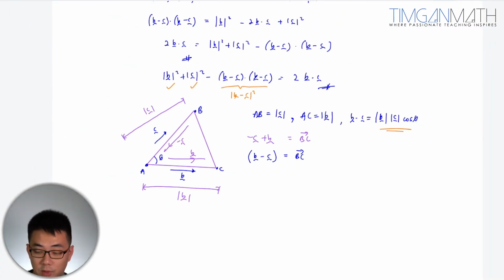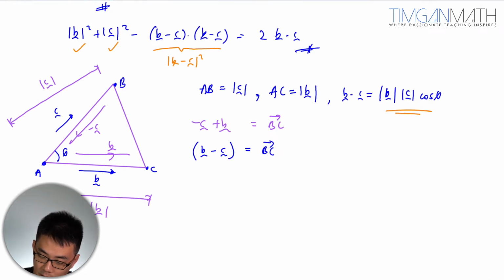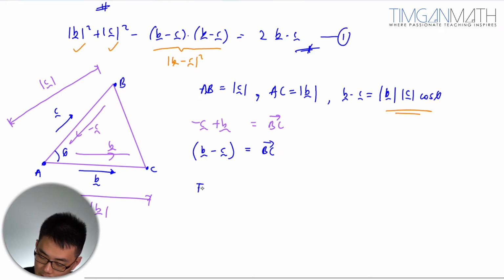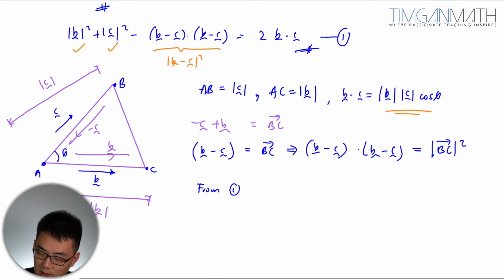So what I'm going to do is try and see how to make sense of all of this. So what we will gather is from 1, this will imply B minus C dotted with B minus C is just modulus of BC squared. Essentially just BC squared there.